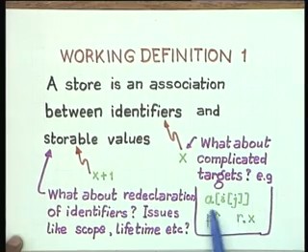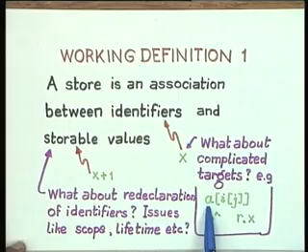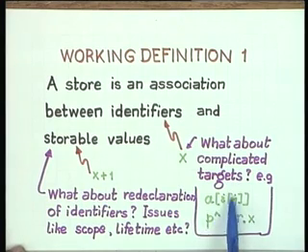Right? I can have, for example, an array which indexes into another array, and I can update one array element in some complicated fashion through an indexing mechanism. I can have pointers. So my targets are not necessarily just simple variables. They are not just identifiers.